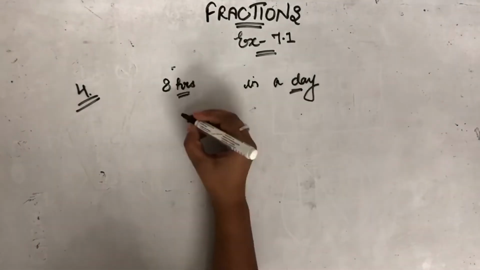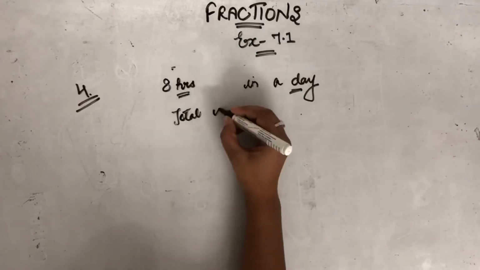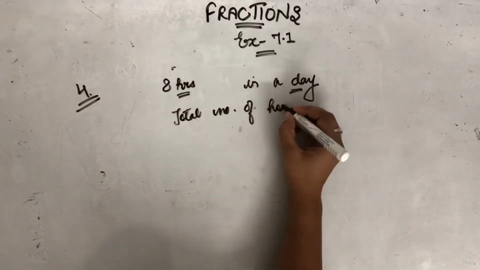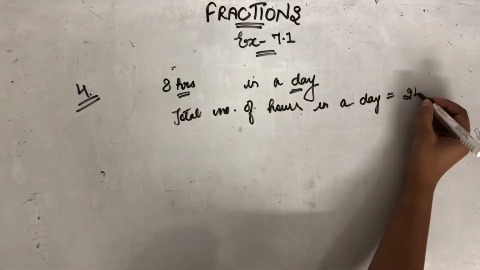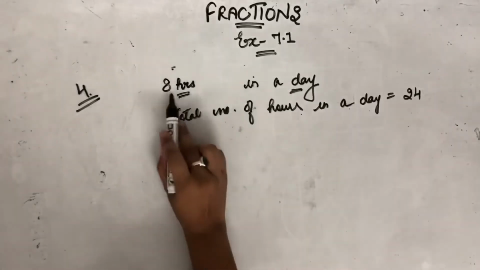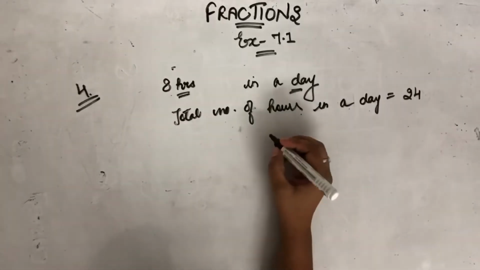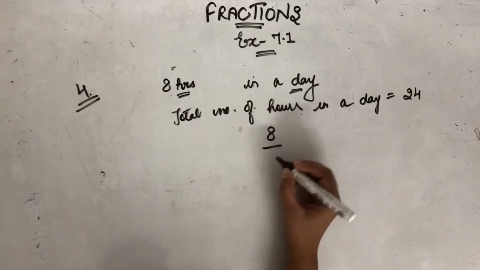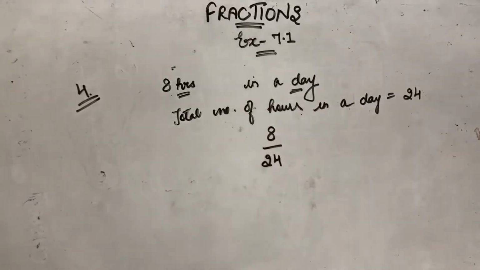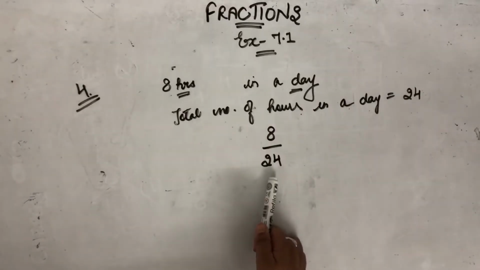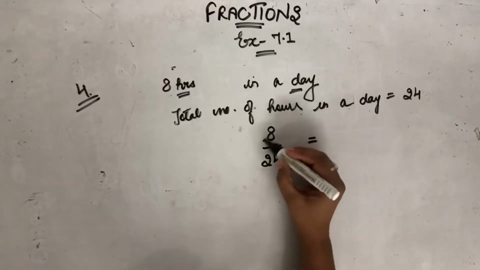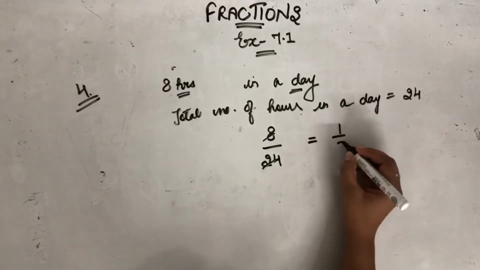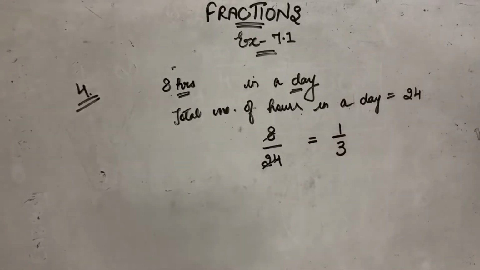So total number of hours in a day is 24, and you have to find out the fraction of 8 hours. So fraction will be 8 upon 24. 24 is the total number and you will write 8 in the numerator. You can further simplify this. 8 by 24, when you do the cutting, it will be 1 upon 3. So this is the answer.